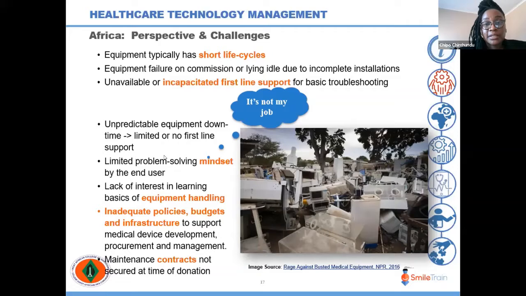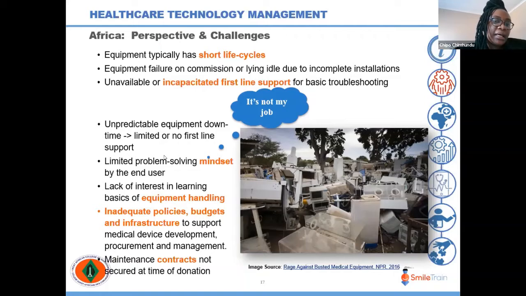These are very real examples where we really need to encourage ourselves as clinicians to develop a problem-solving mindset and to actually learn some of the language that is used with the communication of fault to our counterparts, who then help us with troubleshooting. The perception that handling equipment is probably not my job, it's for someone who has the screwdriver or knows how to manage a computer. It's true in a sense, but essentially we are all custodians of this equipment and need to be part of the management process.